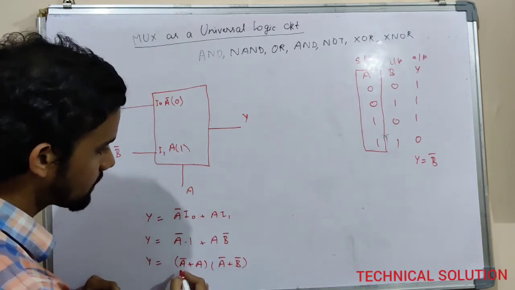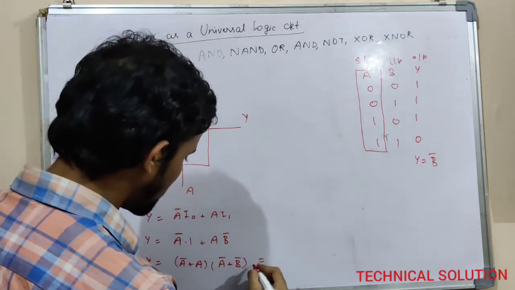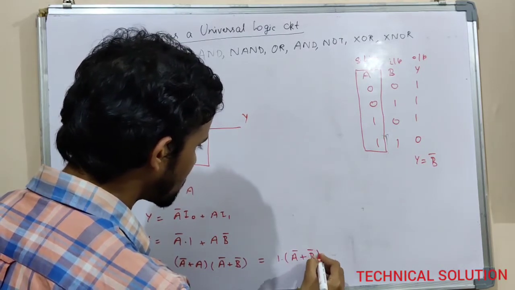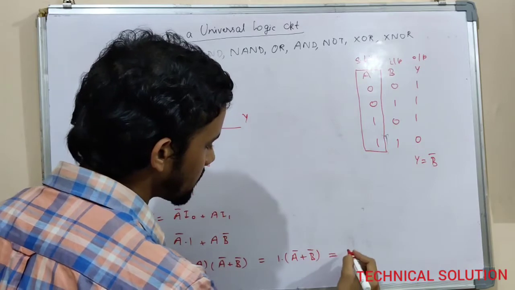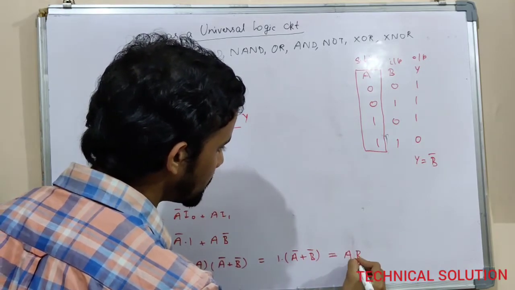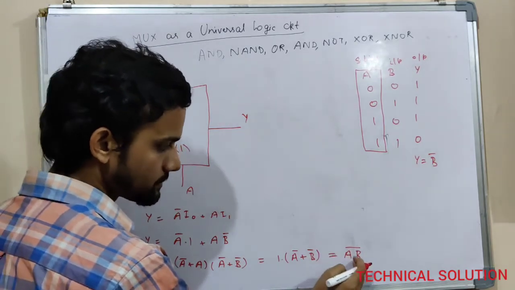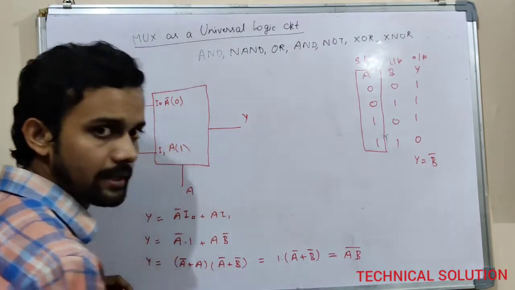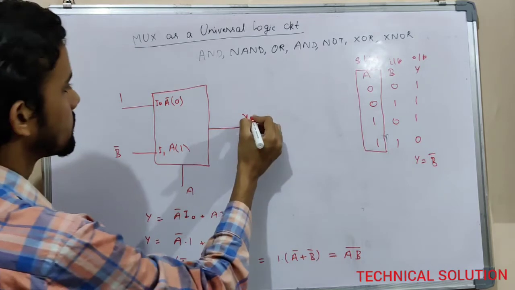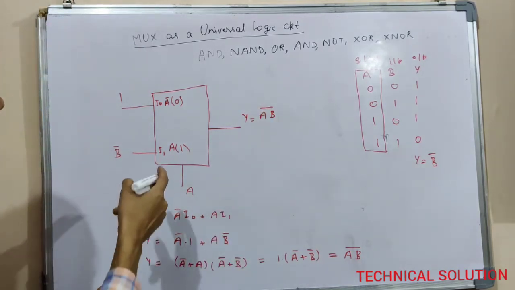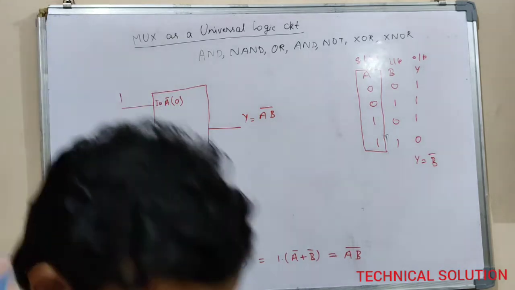A bar plus A equals 1, whereas A bar plus B bar, using De Morgan's theorem, we can also write as (AB) whole bar. This is the output of a NAND gate, that is (AB) bar. In this way, we can realize the NAND gate using 2x1 mux.